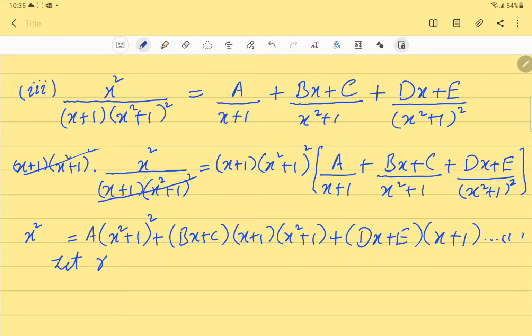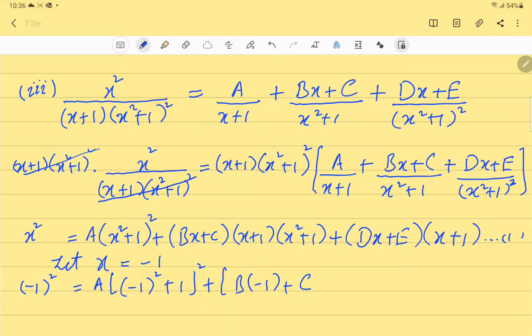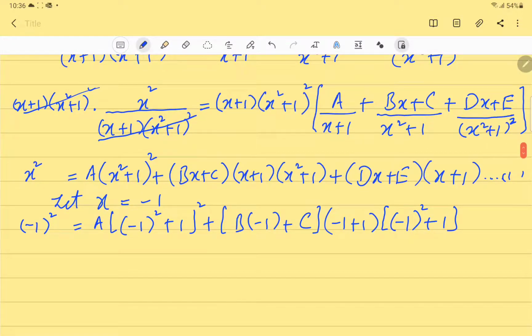Let x is equal to minus 1, then the equation becomes minus 1 squared is equal to a into square of minus 1 plus 1 whole square, plus b into minus 1 plus c into minus 1 plus 1, square of minus 1 plus 1, plus d into minus 1 plus e into minus 1 plus 1. Okay, let's simplify it.